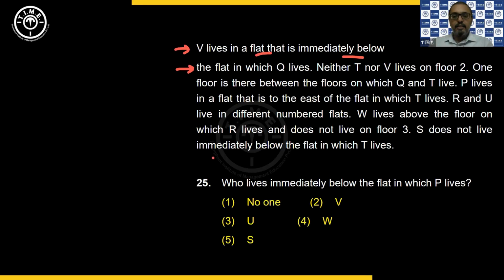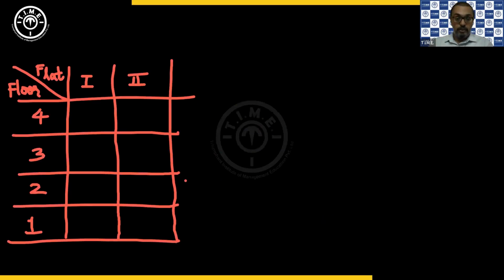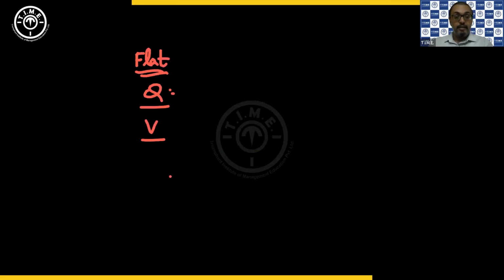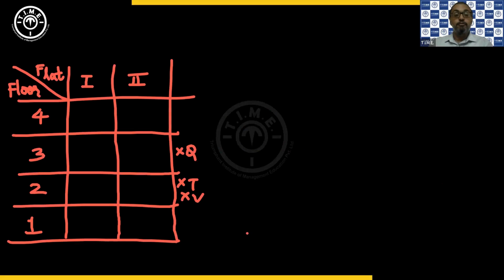Then neither T nor V lives on the second floor. If V cannot be on the second floor, then I can clearly say that Q cannot be on the third floor, because immediately below Q, you need V. So Q can be ruled out on the third floor.